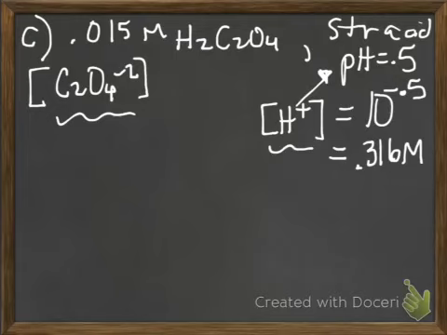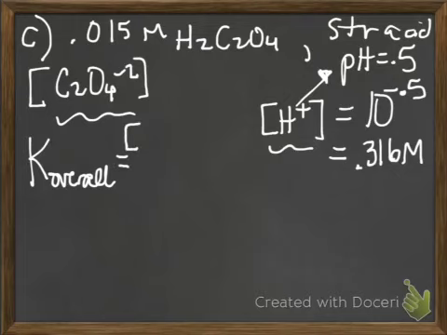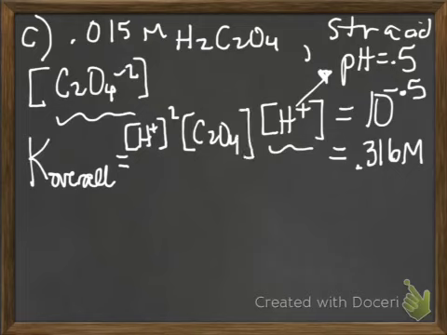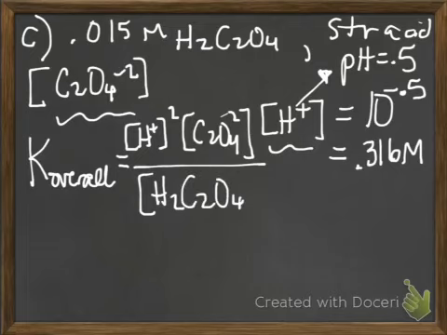So what we're going to do is actually use the K overall expression and plug in what we know. So the K overall expression, remember, is hydrogen ion, but it is squared, okay? The oxalate, C2O4, which is what we're looking for, on bottom is the H2C2O4. So we need to plug in what we know here.